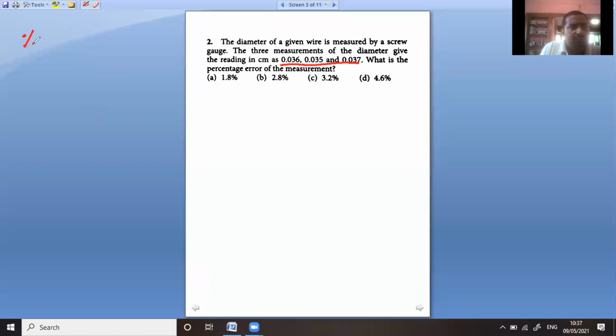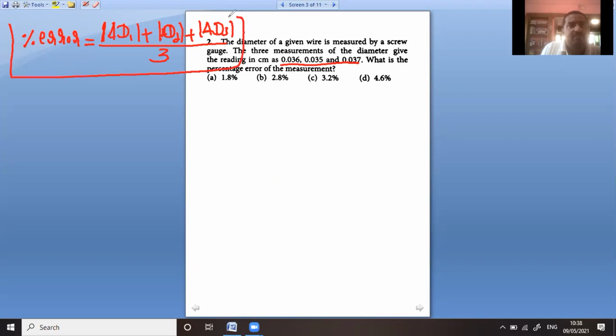So we know that the percentage of error in the diameter is equal to modulus of delta d1 plus modulus of delta d2 plus modulus of delta d3 divided by the total number of trials, which is 3.